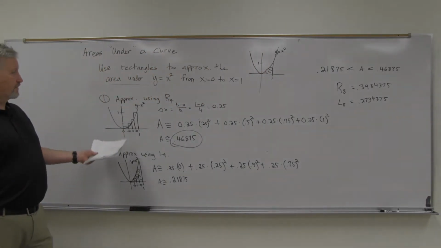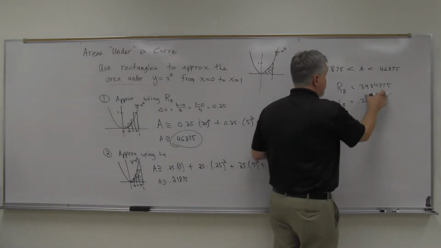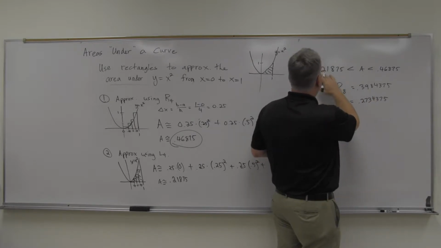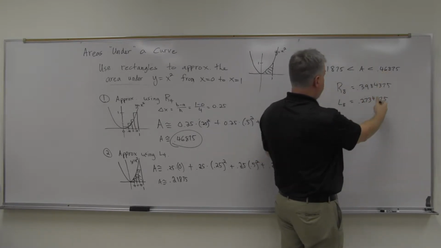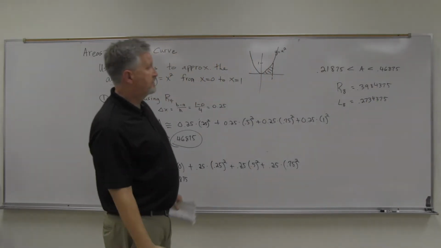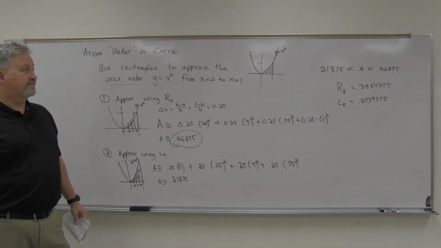Just like before, R8 would be an overestimate and L8 would be an underestimate. So that narrows it down even further. Here it's about a quarter between them. Here it's 0.12 between them. We've narrowed it down even further.